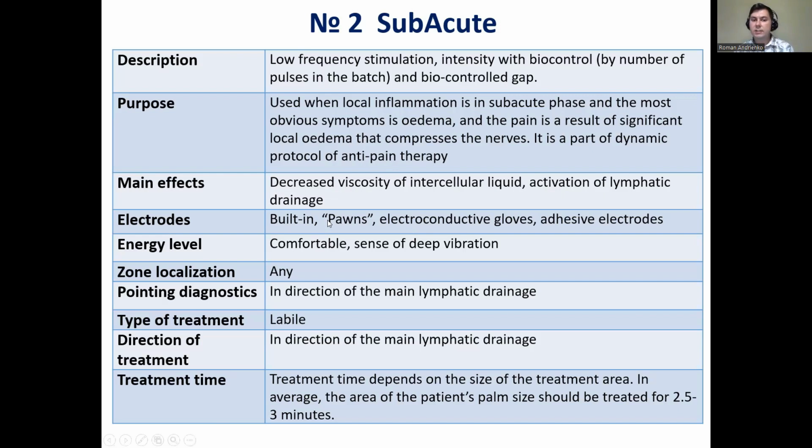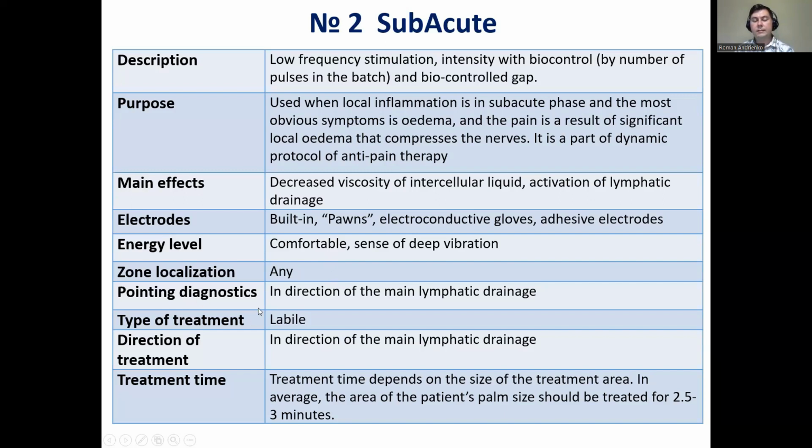We can use the built-in electrode, the PONs, the conductive gloves, the adhesive electrodes, anything, because we're dealing with edema. We're dealing with big things. The energy level should be comfortable here, no huge energies. Any zone we're dealing with, direct zone of edema.